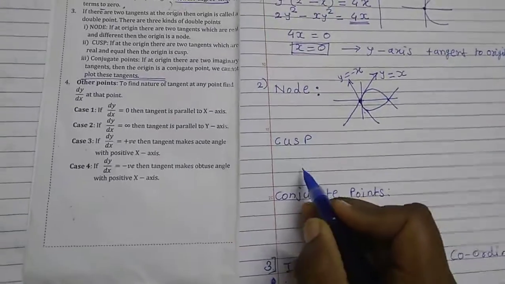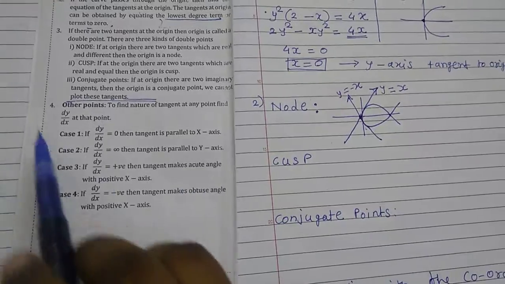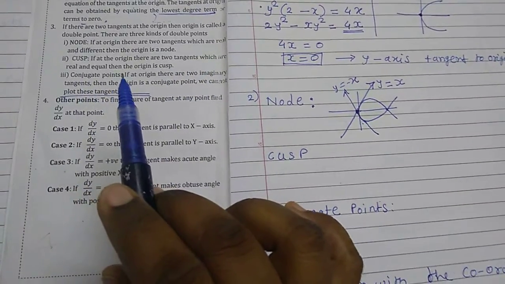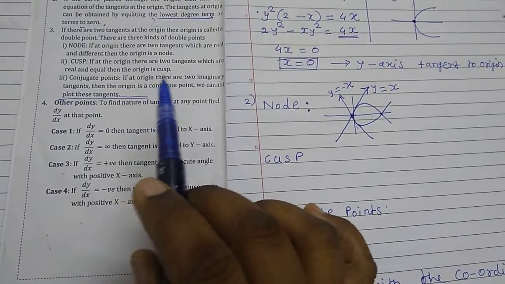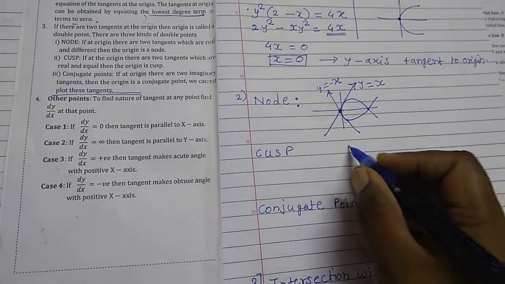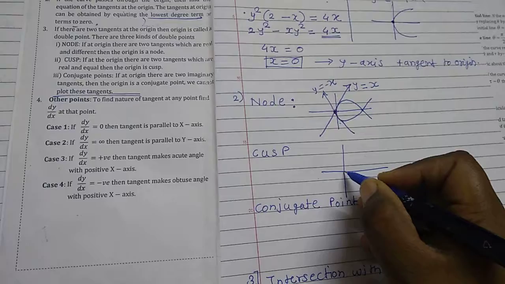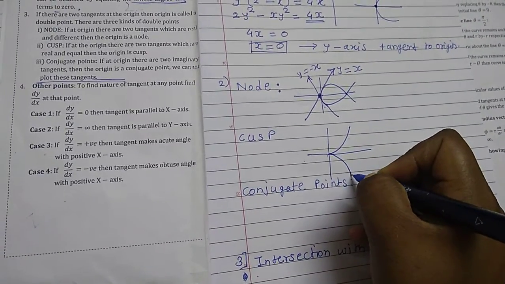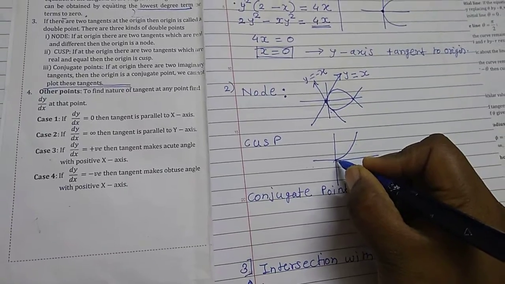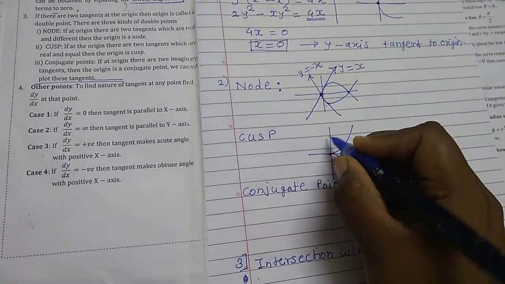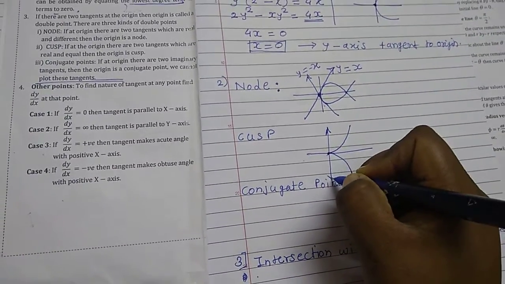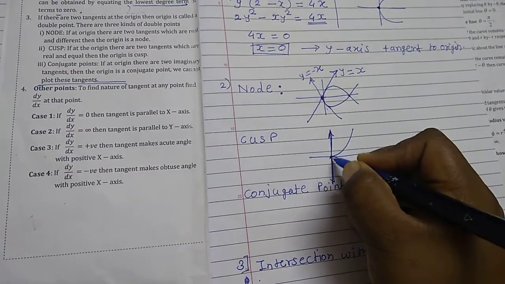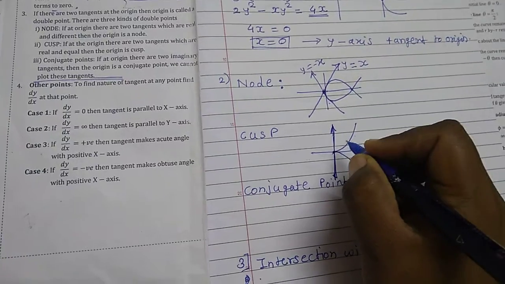Next, cusp. What is cusp? If at origin there are two tangents which are real and equal, then the origin is cusp. What is cusp? If we draw this. Okay. So what we have? There are two tangents passing through origin which are equal.